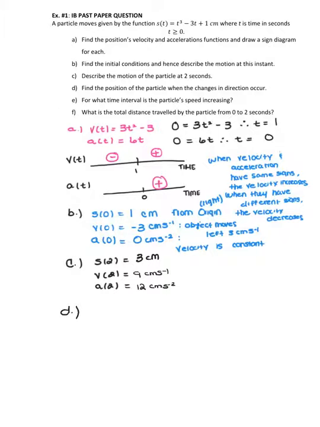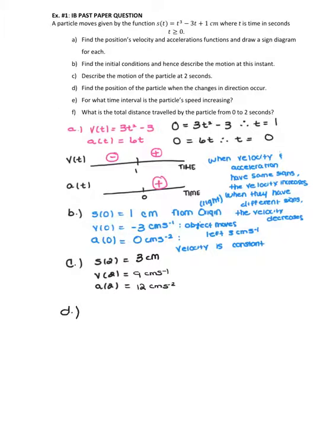Position tells you to the right of the origin, to the left of the origin, but also velocity, right? So when can I determine when something changes direction? Yes. When its velocity changes signs, right? Because it's traveling to the right, it's traveling to the left.